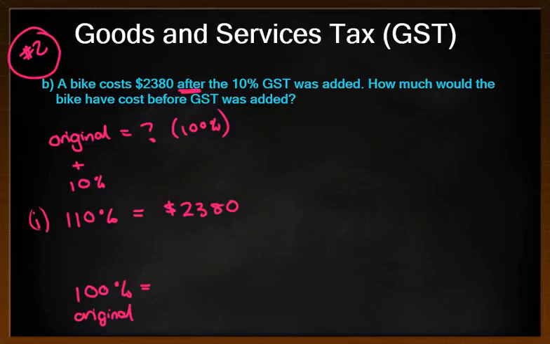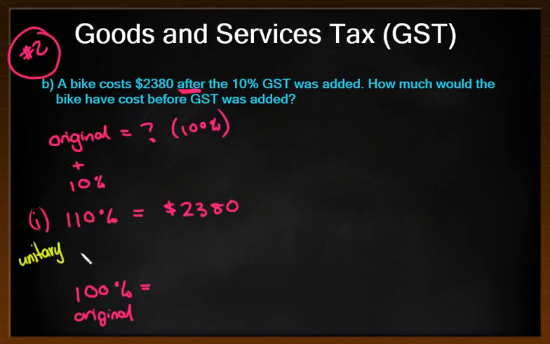At the moment we've got 110%, and we want to get to 100%. Usually we can't go from one to the other in one hit. There is a more advanced method which I'll show you in a moment, but usually we use what we refer to as the unitary method. You might be familiar with that term.